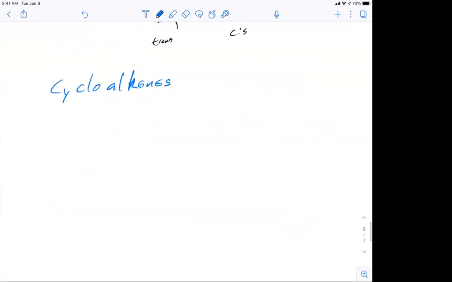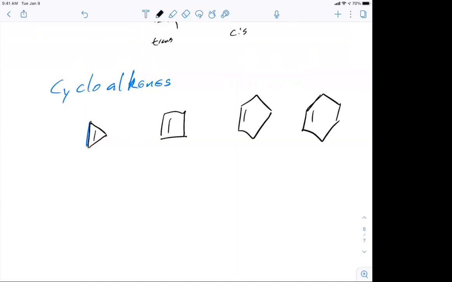All right, so if we look at cycloalkenes, we have our different structures here. And I don't know why I couldn't draw a square. If we look at the stability, remember that an sp2 wants to be 120 degrees, right? So the carbon wants to be sp2, but if we look at a triangle like this, that's got to be 60 degrees.